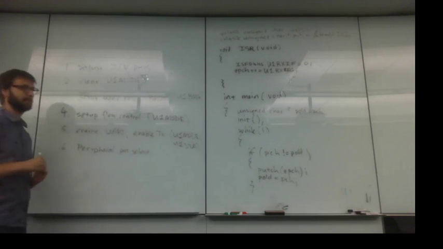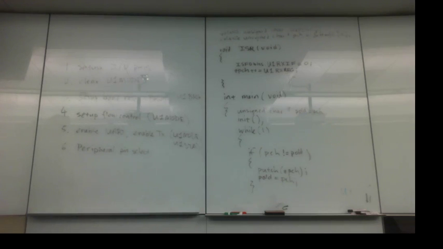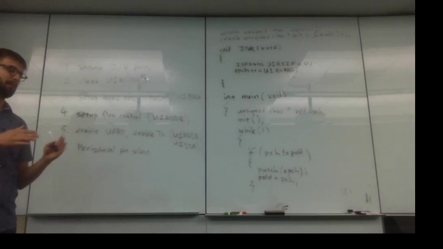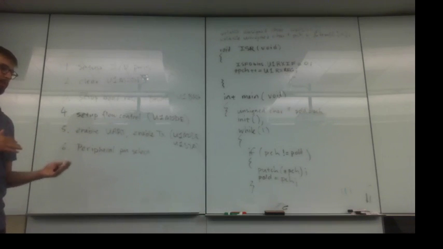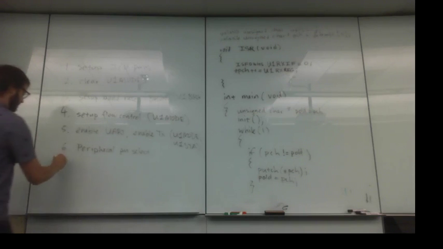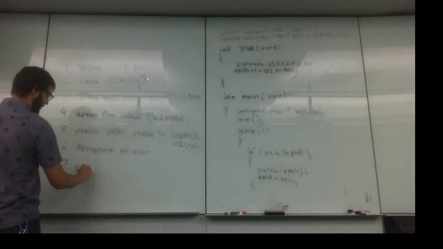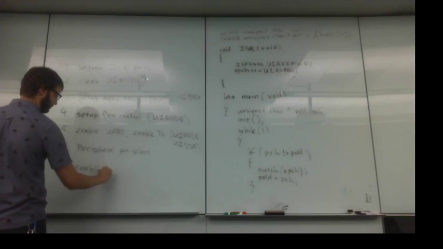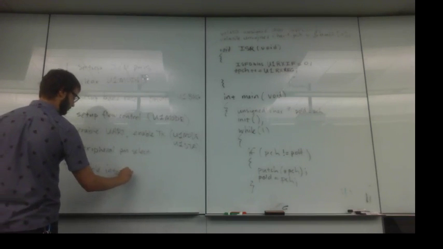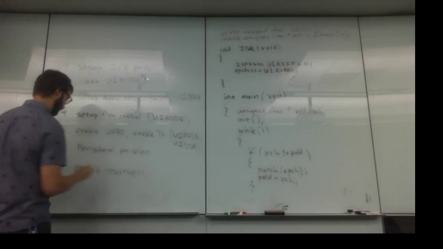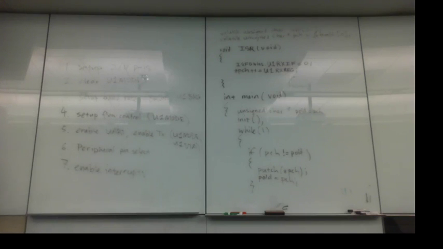And that's the sequence of things that you have to do in the PIC to reprogram the peripherals with the specific I/O pins. And then 7 is enable any interrupts. Okay? So these are the steps you got to do to write hello world out.